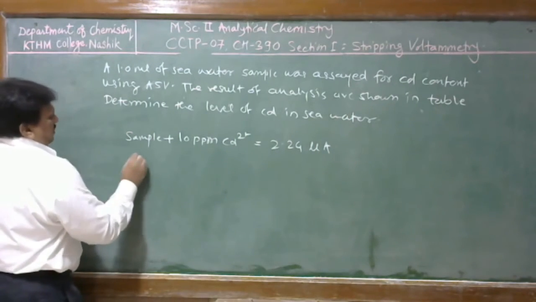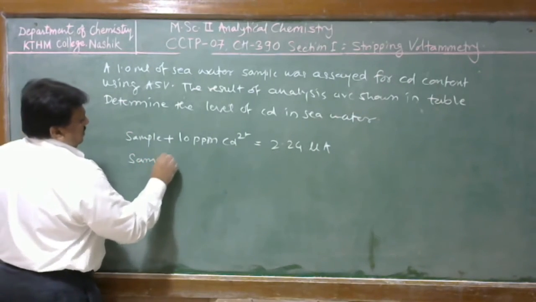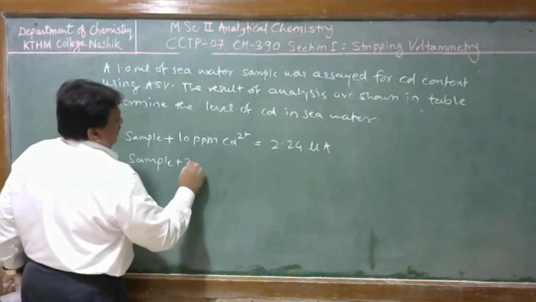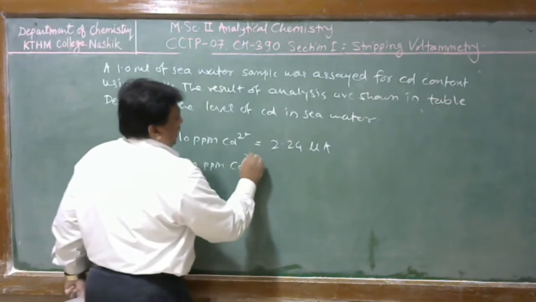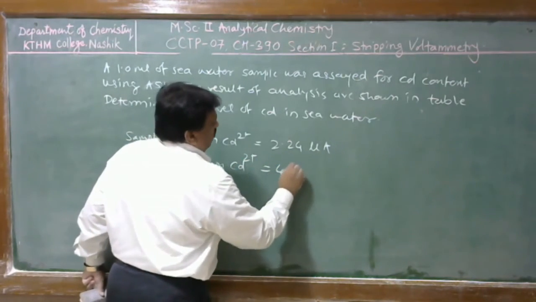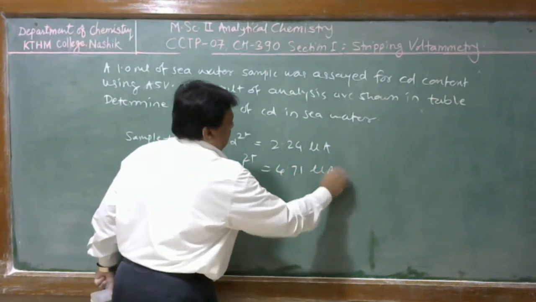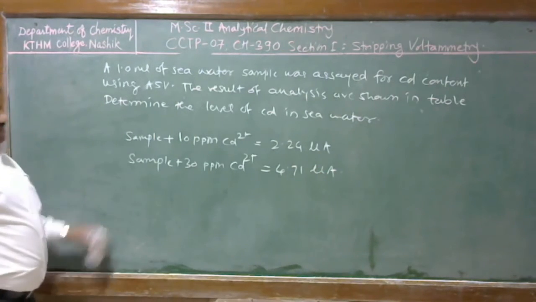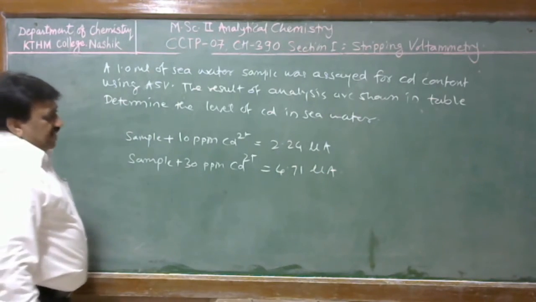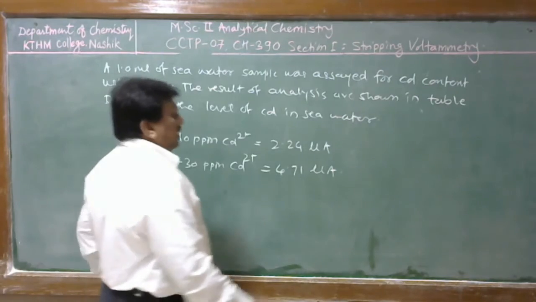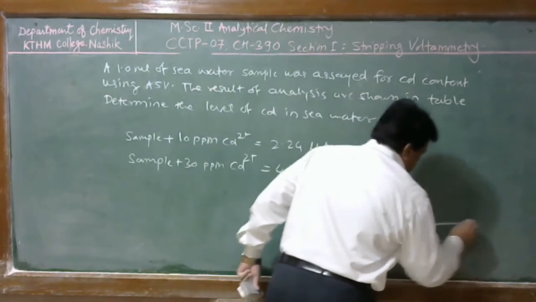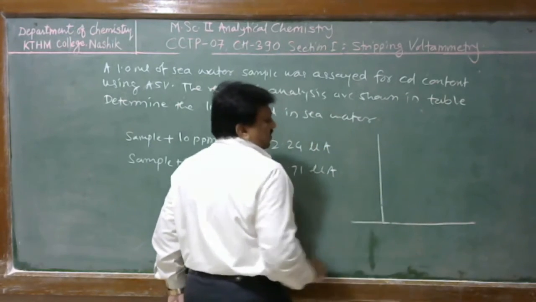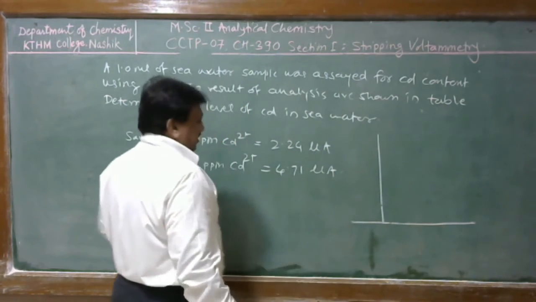Here the same sample plus 30 ppm cadmium gives a peak current 4.71 microampere. With this information, we have to find out the amount of cadmium in the seawater. Student, this is also a problem based on the standard addition method.